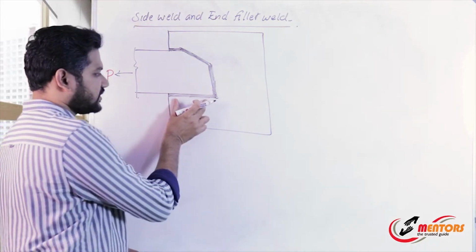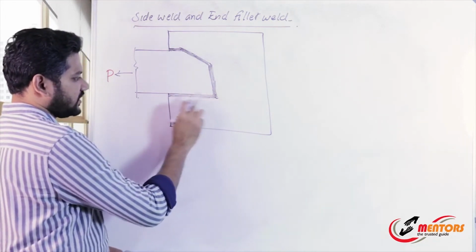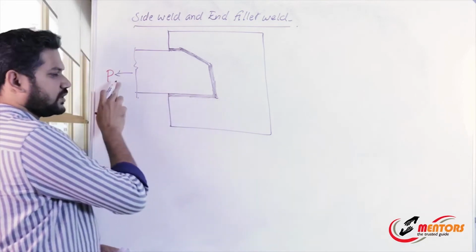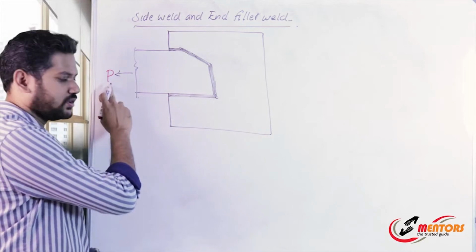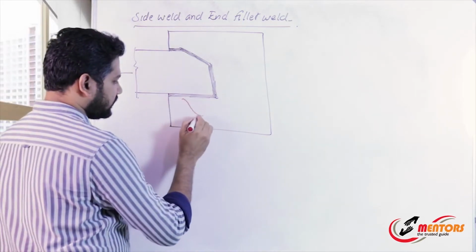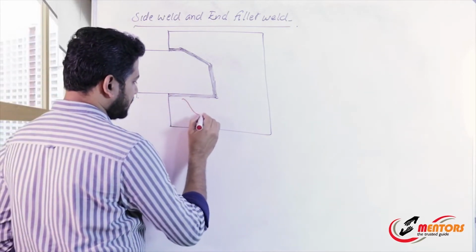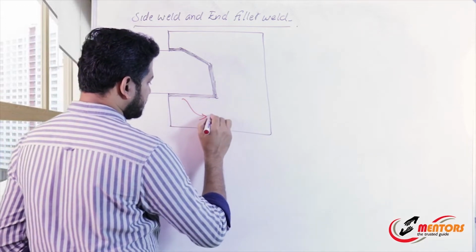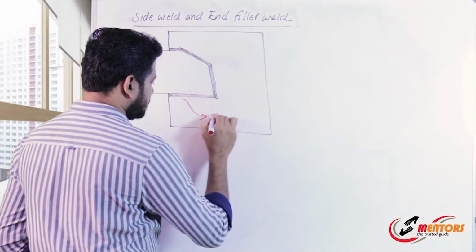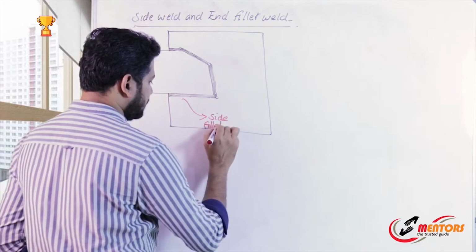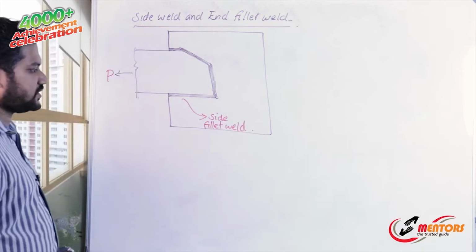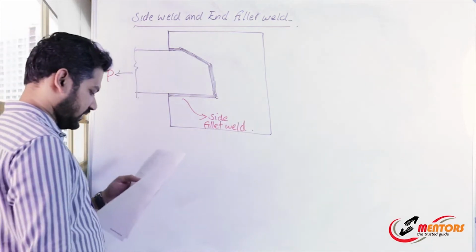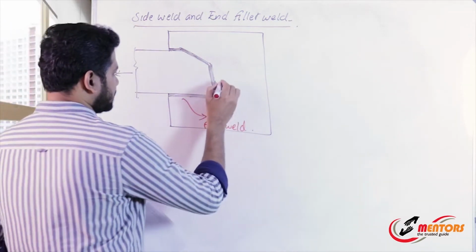Here the welding is done at this point. You can see the welding is done parallel to the direction of load. This particular type of fillet weld is the side fillet weld. And here you can see the end fillet weld.